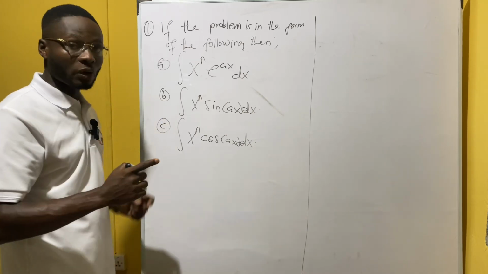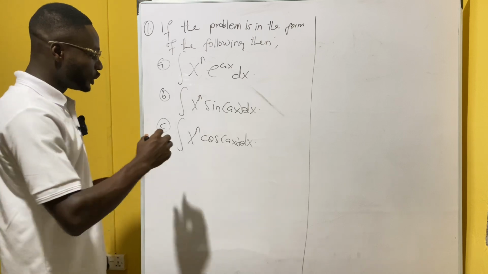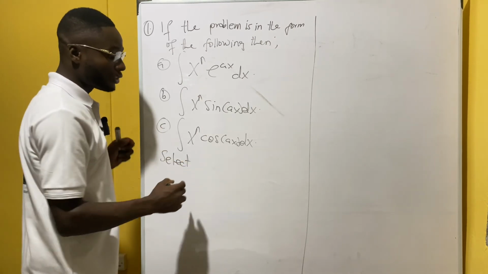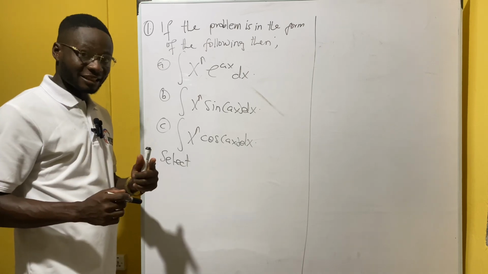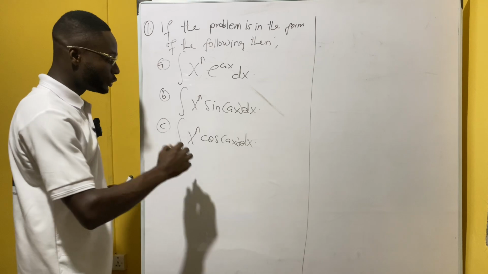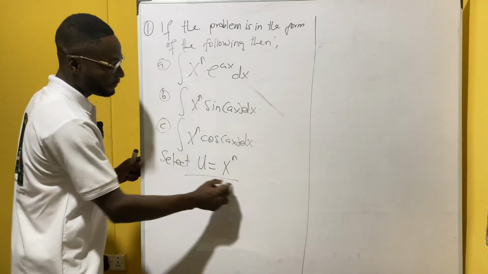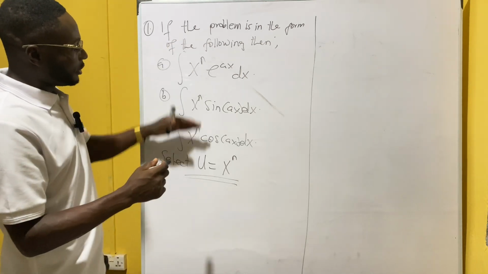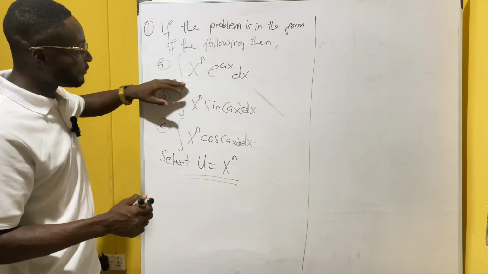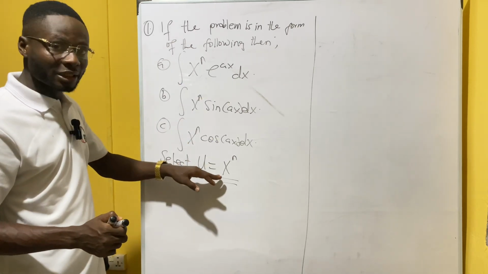Then that is the rule: you choose or select your x power n to be the u. If you have this kind of question in this form, select your u to be x power n.